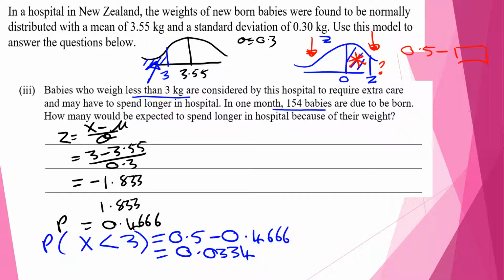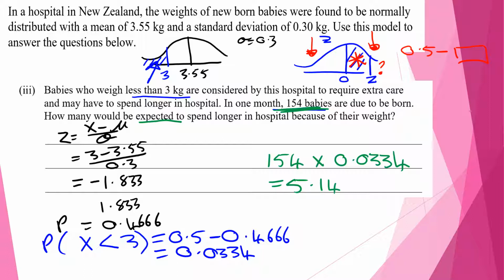And the last piece that we need to make sure we're answering the question is that we are given the value of 154 babies, and we're asked how many of those are expected to be less than 3 kgs. So 154 times our probability of 0.0334 that we just calculated, that gives us a value of something like 5.14. Okay, so we wouldn't normally say 5.14 babies.